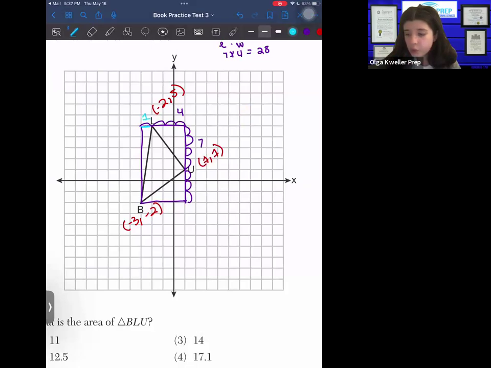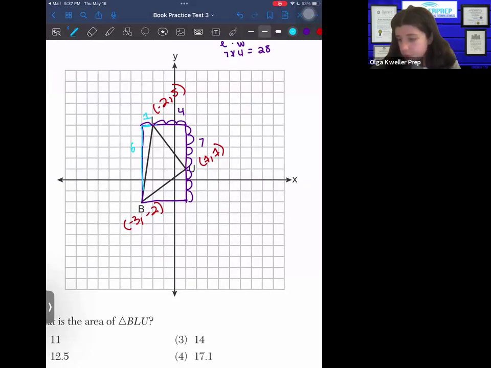This is clearly 1, and this is 1, 2, 3, 4, 5, 6. And this one is 3 by 4. And this last one is 4 by 3. So now we can get the areas of all the little triangles.